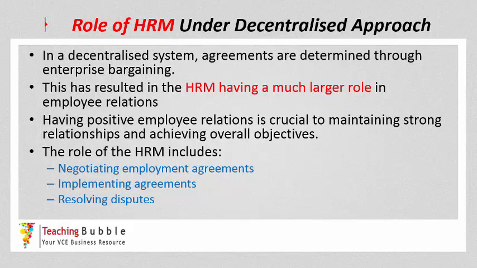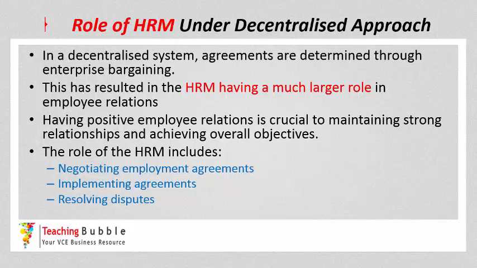Having positive employer relations is crucial to maintaining strong relationships and to an organisation achieving its overall objectives. So it's the job of the human resource manager to manage employer relations effectively, to ensure that the relationship between management and staff remains positive, but also that the goals of the organisation are still the number one priority during negotiations, dispute resolution and those types of things.